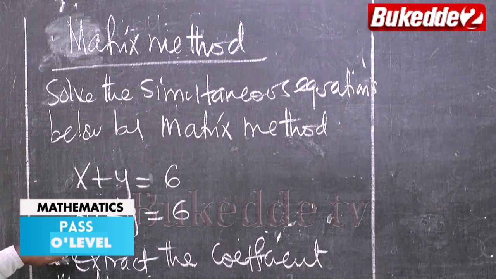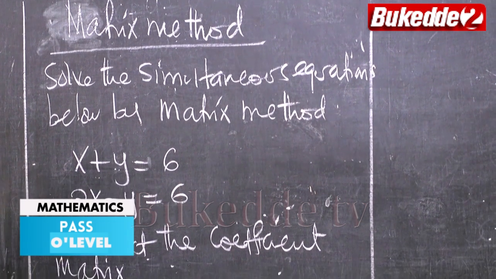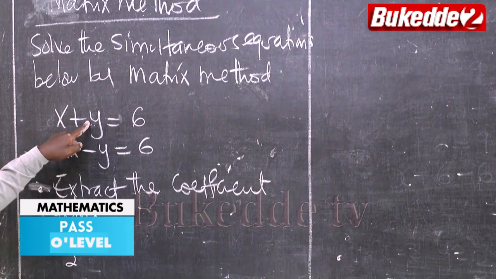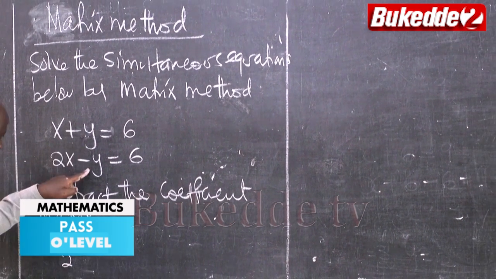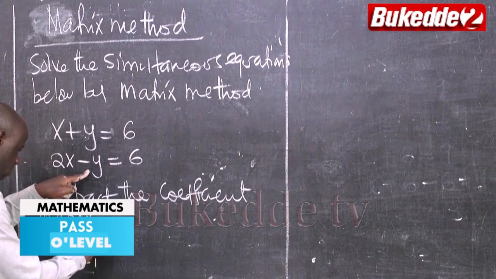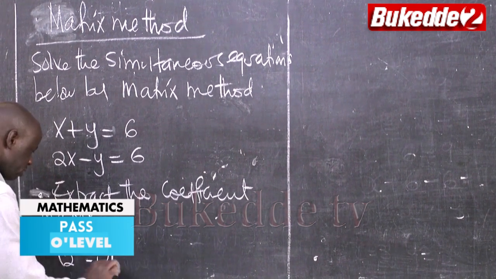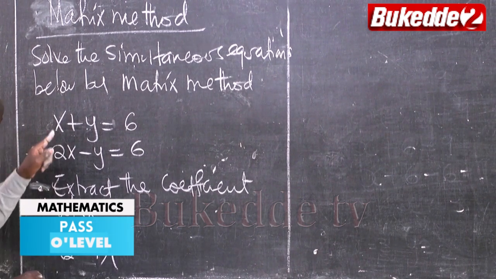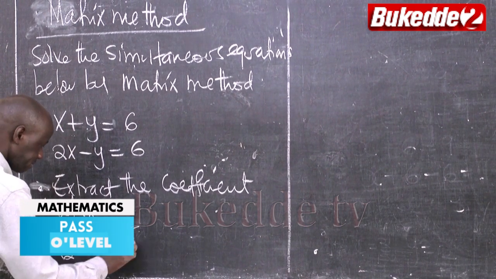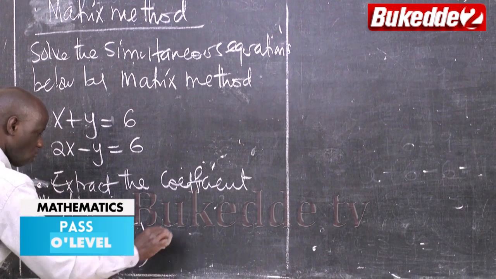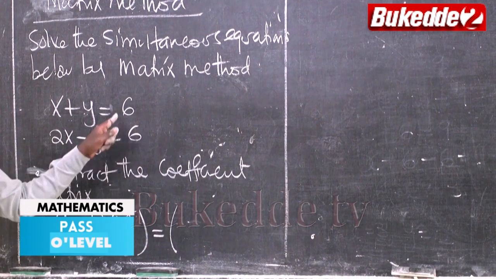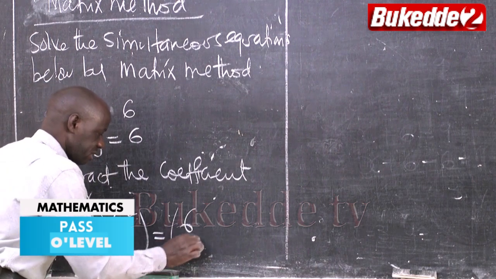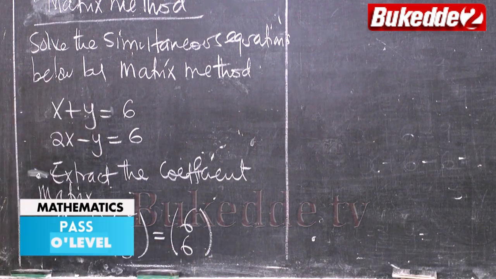What's the coefficient of x here? That's 2. What's the coefficient of y here? That's 1. The coefficient of y here is -1. Please multiply this by the matrix of the variables, that is x, y, and equate this to the matrix of the constants, that is 6 and 6. And there you are. So this is already in matrix form.